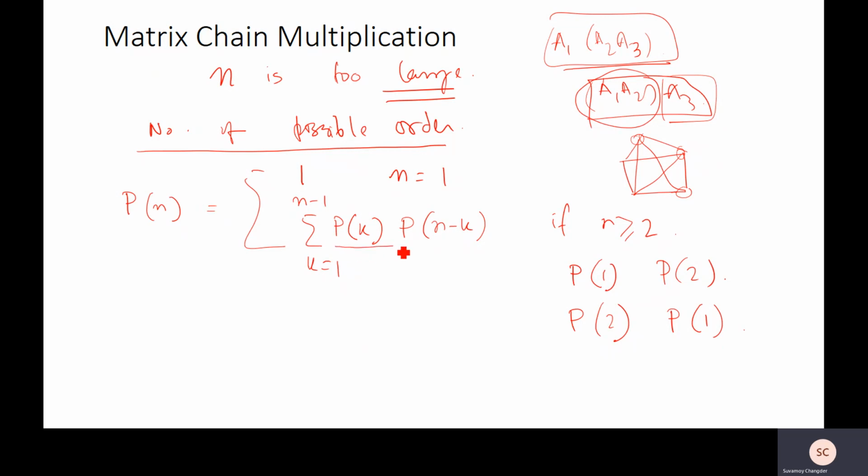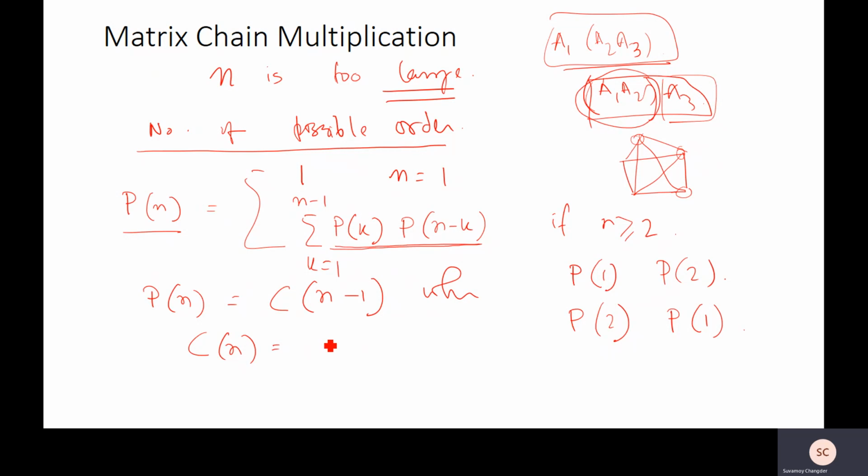So P(k) and P(n minus k) give us the parenthesization. So P(n) can be defined as the sum of P(k) times P(n minus k), which is the number of different possibilities. And if you solve this summation, it will give us P(n) equals Catalan number C(n minus 1).